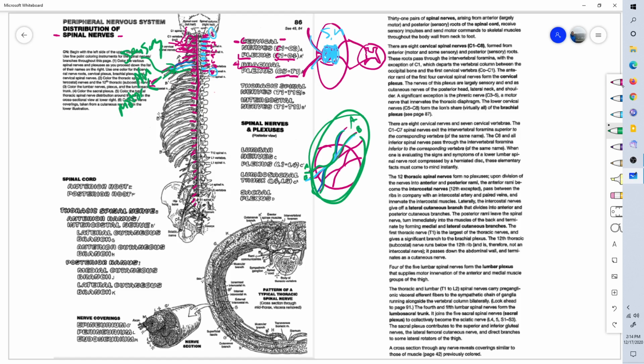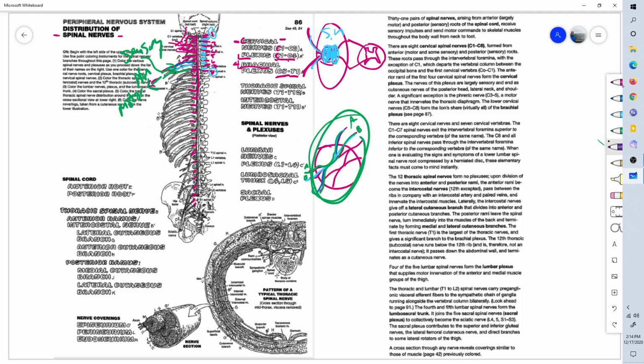Now, the thoracic nerves in the thoracic spine. This area here is called the thorax. Your chest area is called the thorax. So it makes sense that the nerves coming out of it would be called the thoracic nerves.